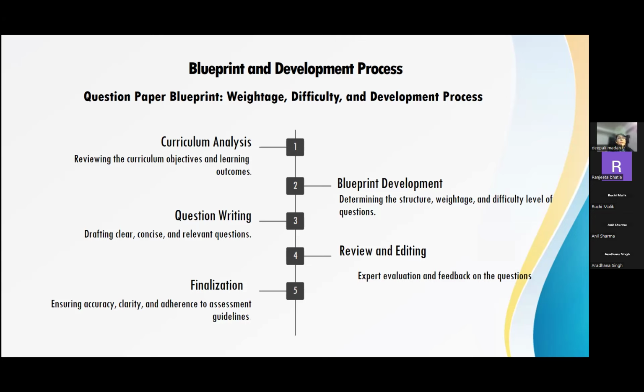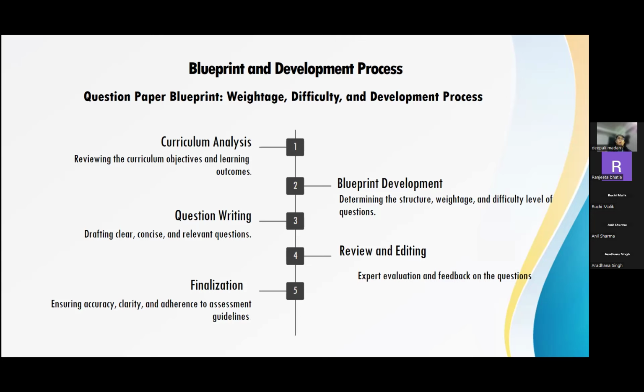Next, after question writing, comes reviewing and editing. As we all know, reviewing is a very, very important part, as a lot of meticulous planning goes into preparation of the blueprint.